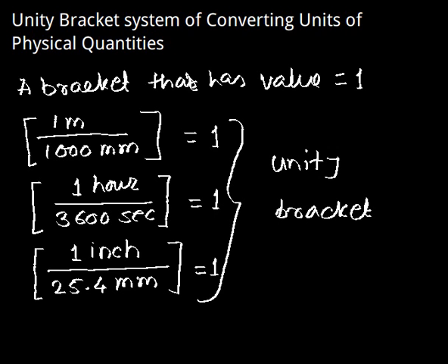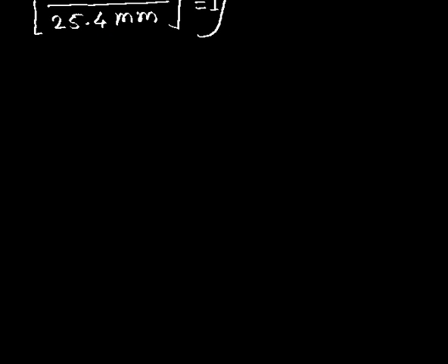Now let us see how to use these unity brackets to convert units. Let us start with a simple problem. First, a simple conversion. We have to convert 20 kilometers per hour into the SI unit we use for velocities, meter per second.